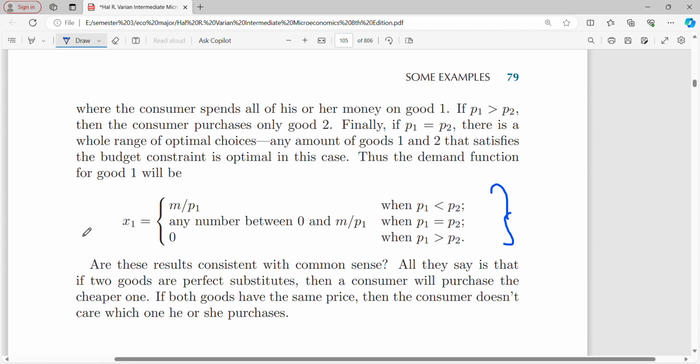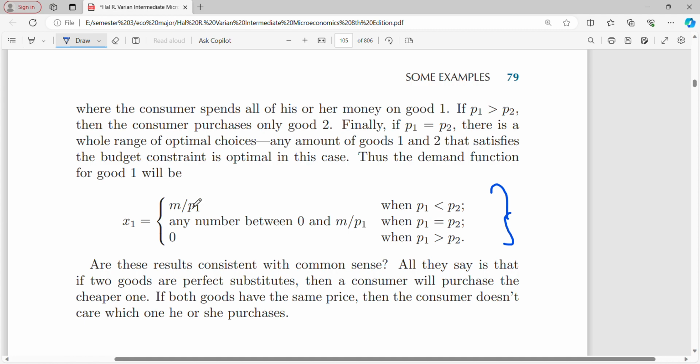So if X2 is at a higher price, the consumer will only spend money to buy X1, because he doesn't care about the color. He just wants a number. If X2 is higher priced, then why should he buy it? He'll just go with X1, which is cheaper.